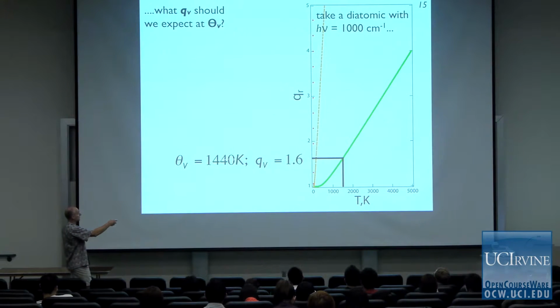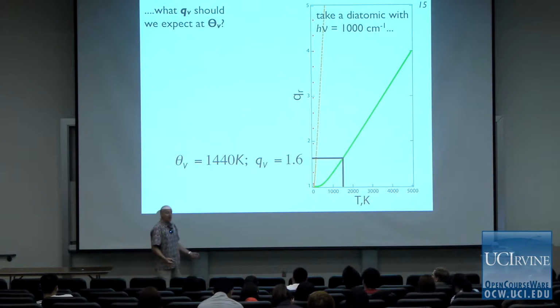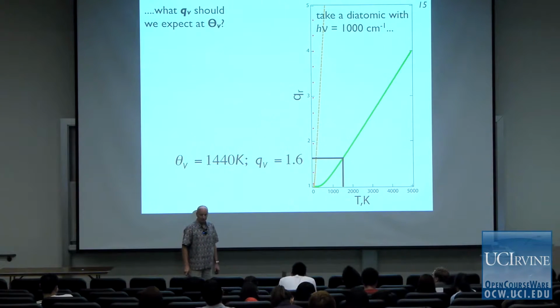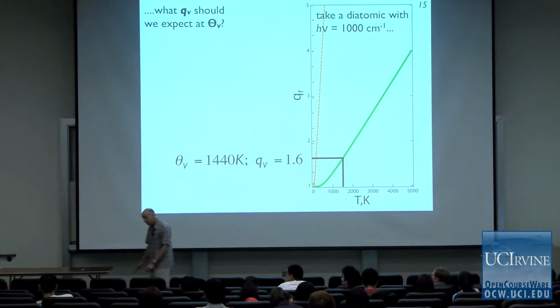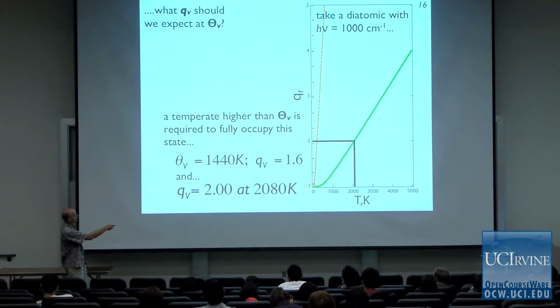Now the characteristic vibrational temperature is an order of magnitude higher, but the partition function at that temperature is still 1.6. Still the same 30%-ish trend to get full occupation? Yes. If I go 30% higher than 1,400, I get 2,080, and that's what it would take.